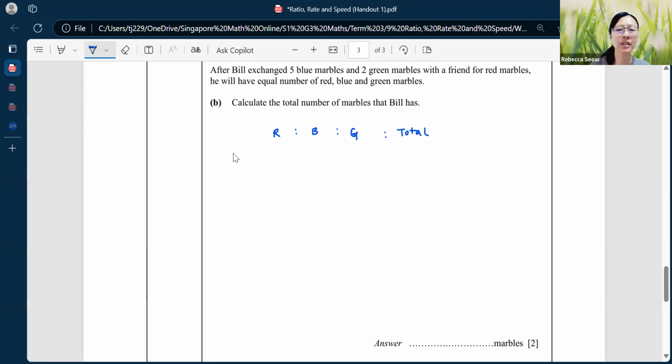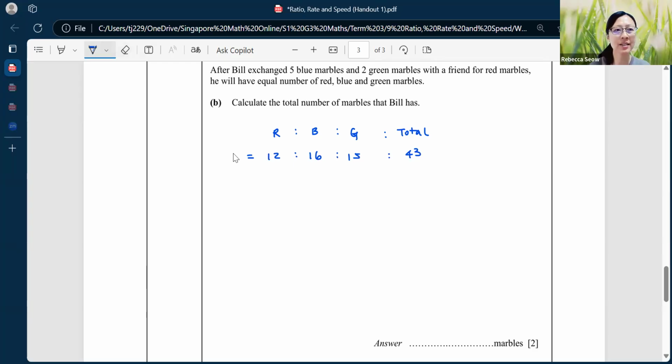Now, this is important to put down because if you notice, whatever Bill has removed from blue and green, the units containing blue and green marbles, he is going to exchange for that same number of marbles, but in red. So the number of marbles essentially remains the same. The units will be 12 to 16 to 15, and in total, it will be 43 units.